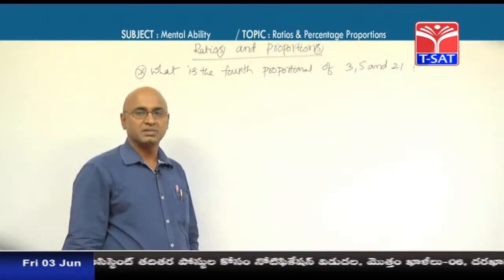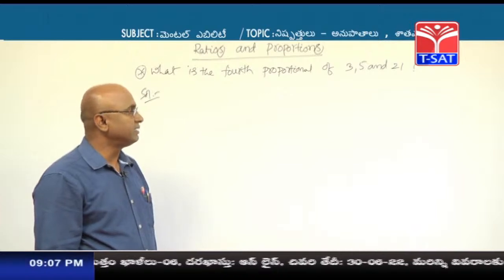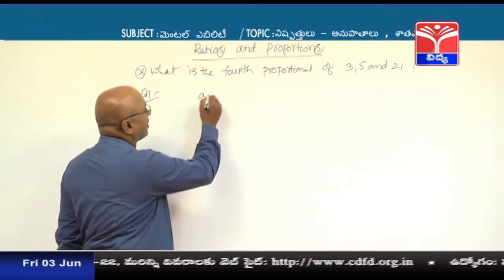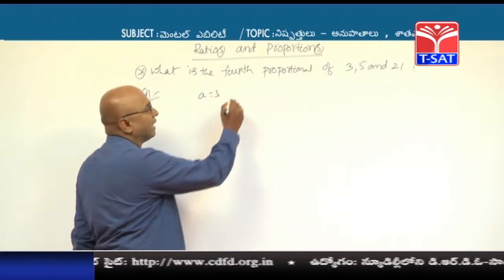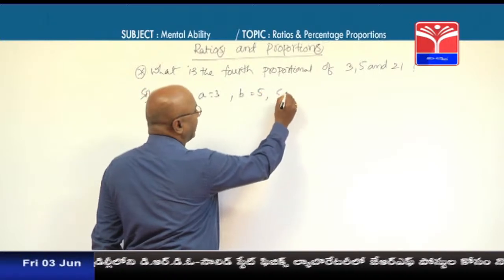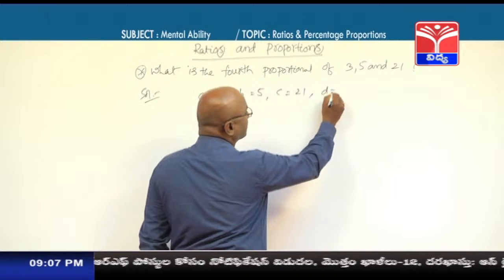Now we will see the problems. The first problem is, what is the fourth proportional of 3, 5 and 21? Here 3 is called the first proportional, 5 is called the second proportional, and 21 is known as the third proportional. And what is the fourth proportional?